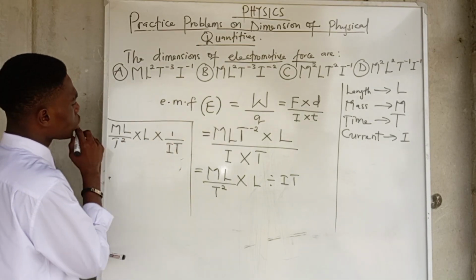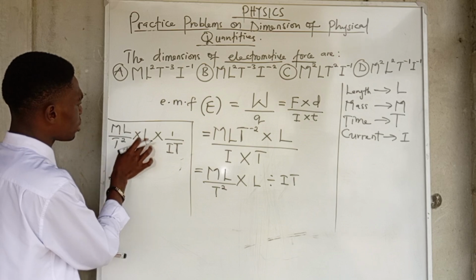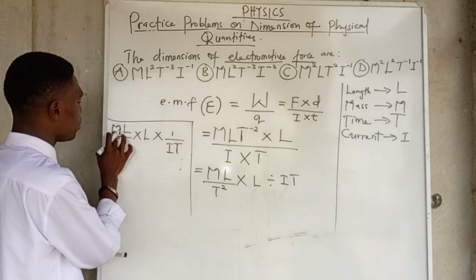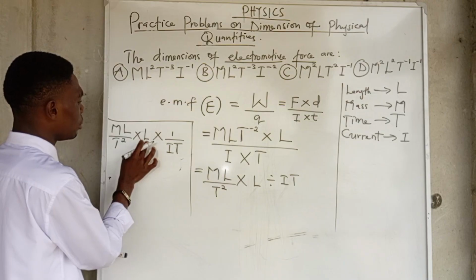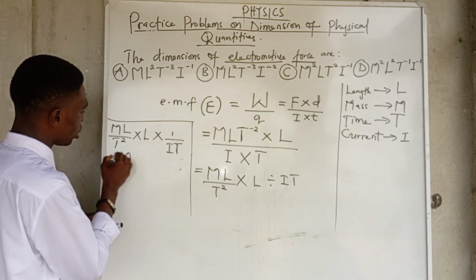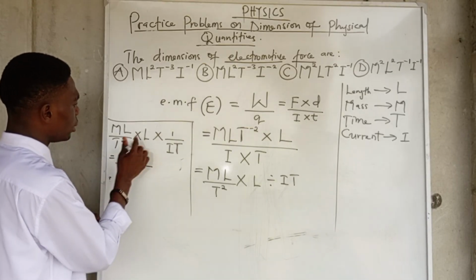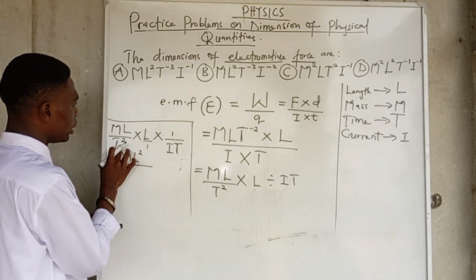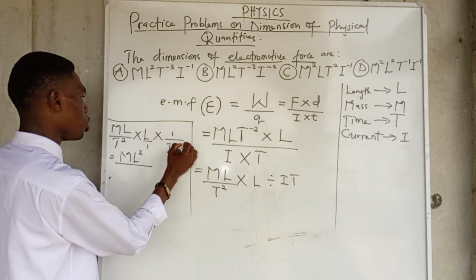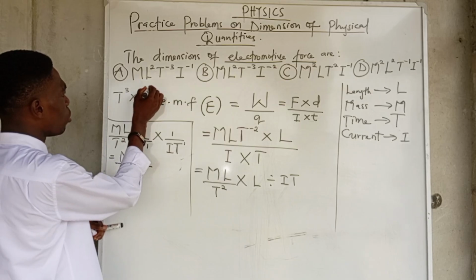All right. So now let's get the numerators. M times L times L times 1. Well, L times L is L squared. So M times L will give me ML squared times 1. That becomes ML squared, right? Over, denominator, take this to be over 1, T squared times I times T. Remember that this is raised to the power of 1. So from indices, T to the power of 2 times T to the power of 1.